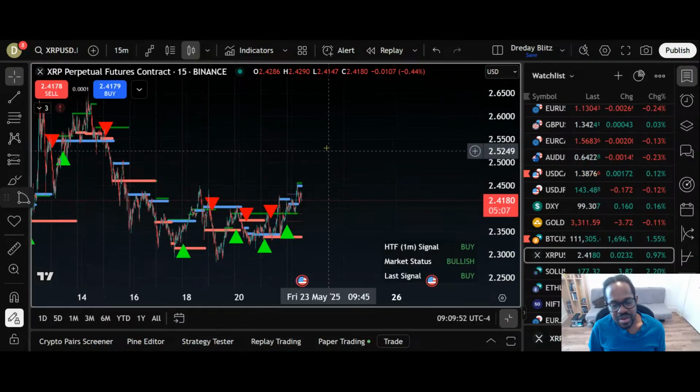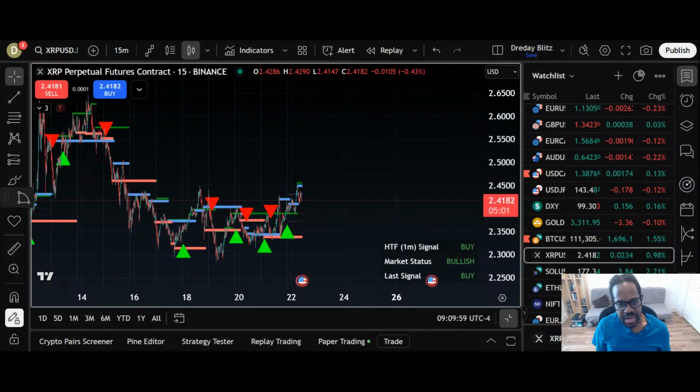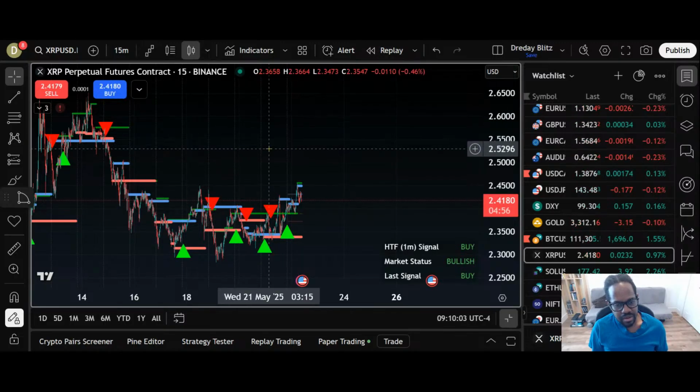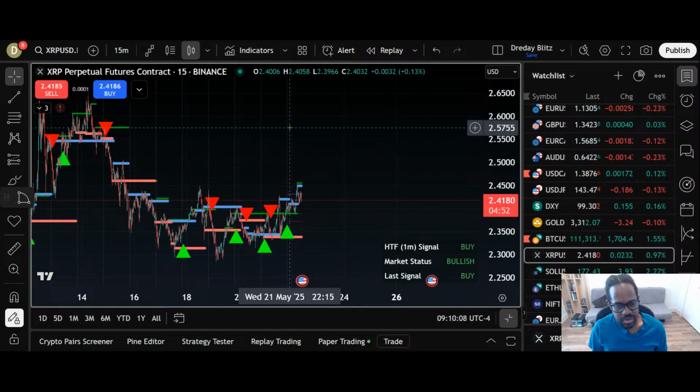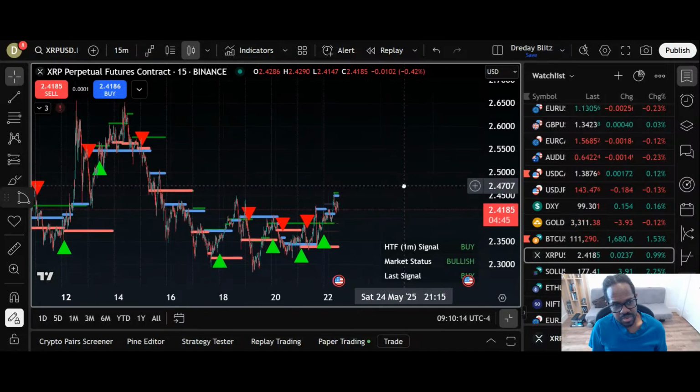So we do have an ETF for XRP in the States that's going live today. We had the CME futures accepting XRP to be traded since Monday.